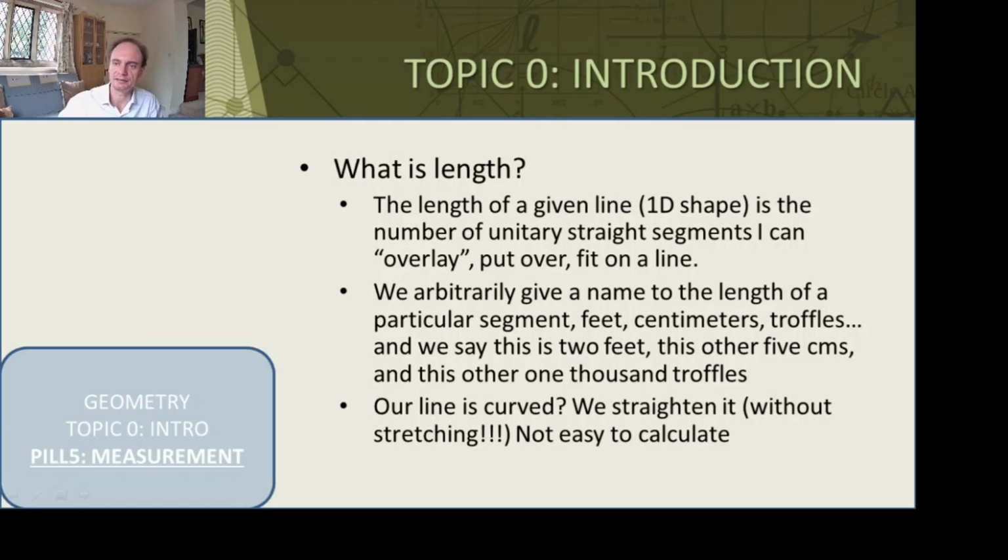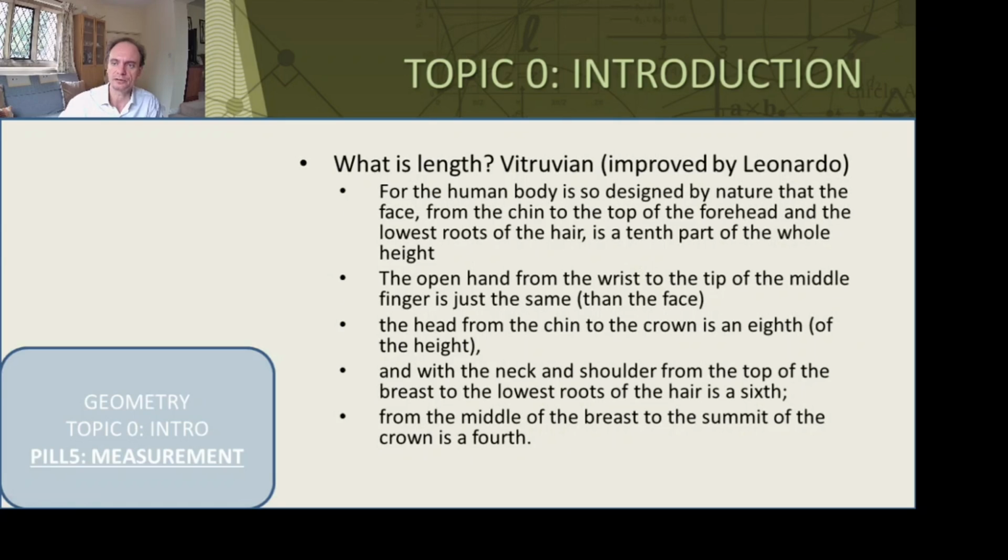For instance, a guy in the 1st century BC found out and wrote that the face is a tenth of your height. This is an eighth. This is a sixth, and this is a fourth. Okay, this hand is over my nipples, let's say. And this guy was Vitruvius.